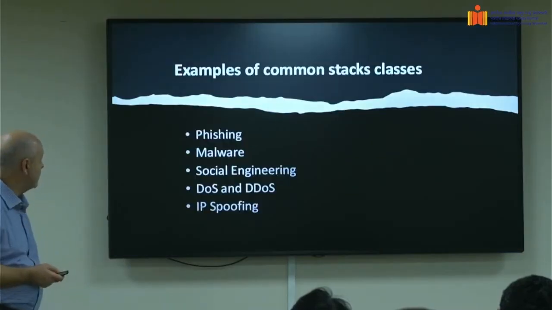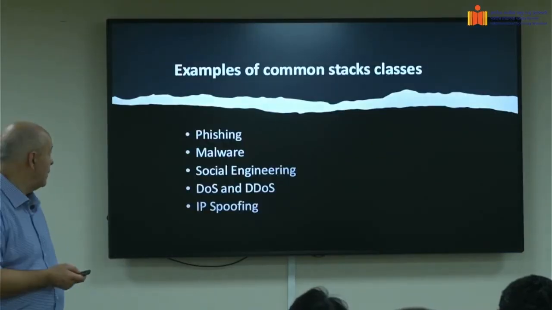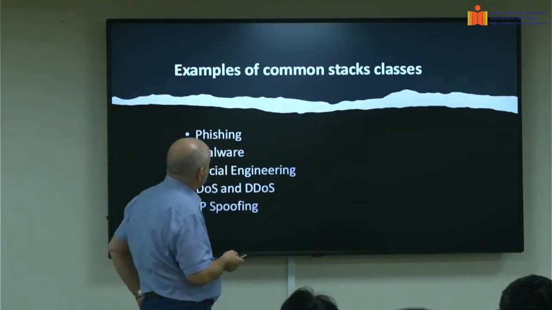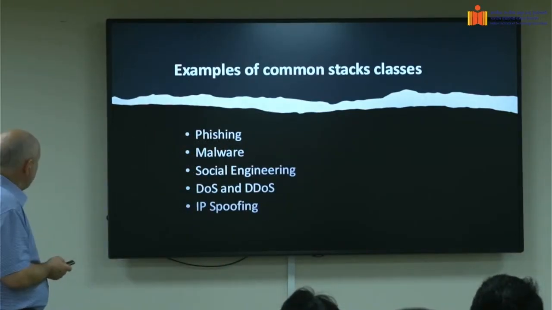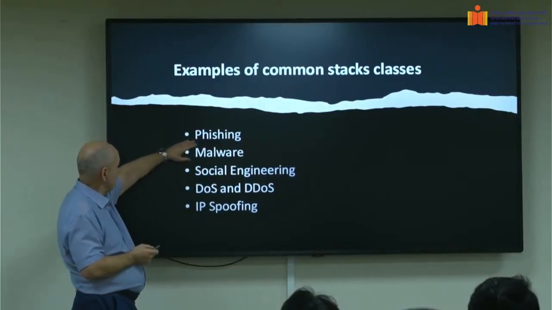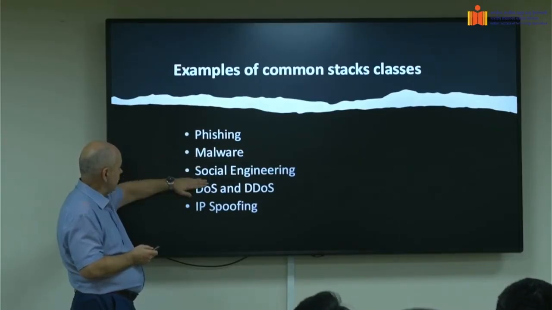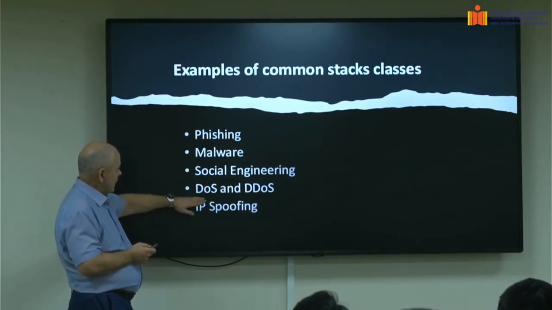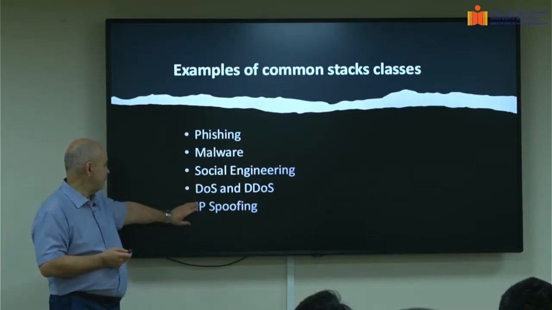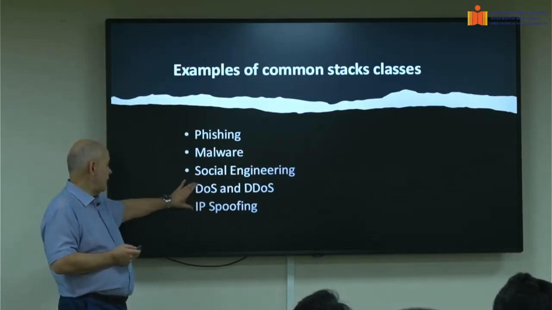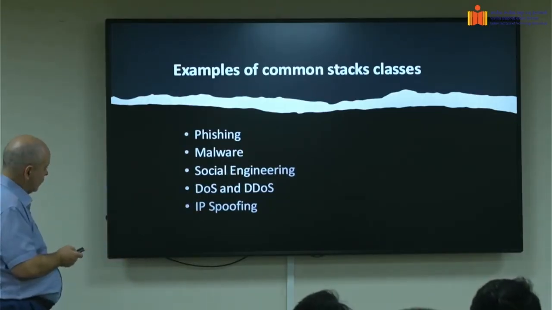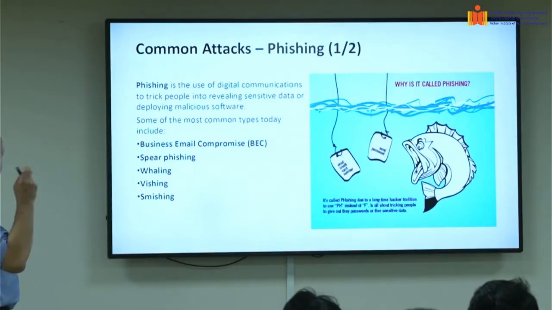Now the main examples of common attack classes. Phishing, number one. This is a very broad class of attack, along with malware, social engineering, DoS and DDoS, and IP spoofing. These are very well-known classes of attacks from network security. So, phishing.